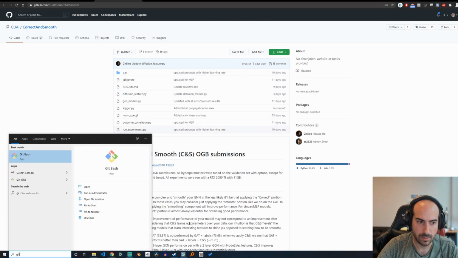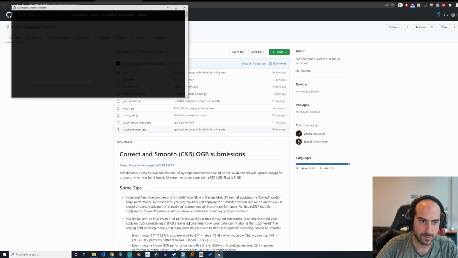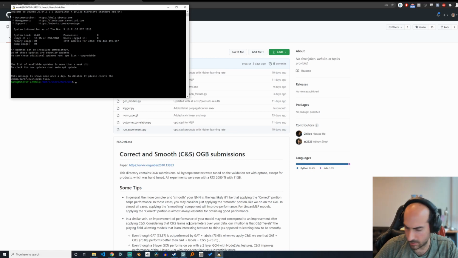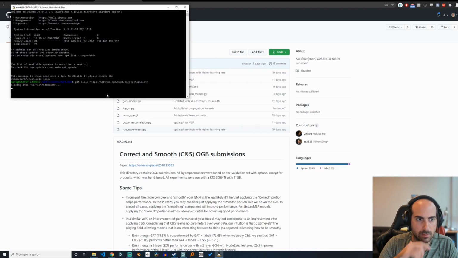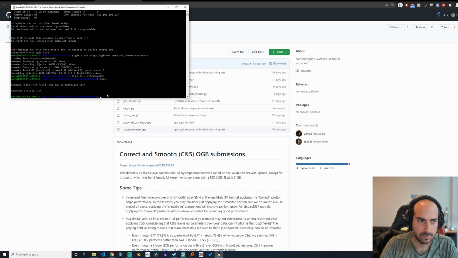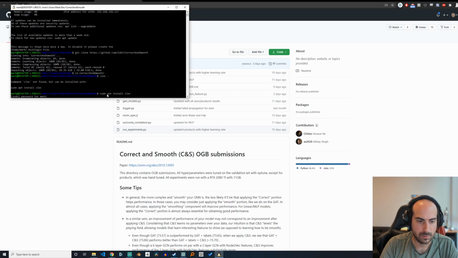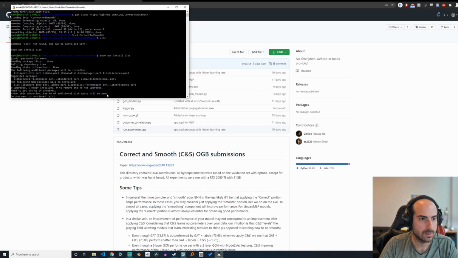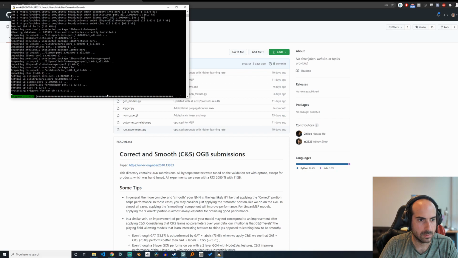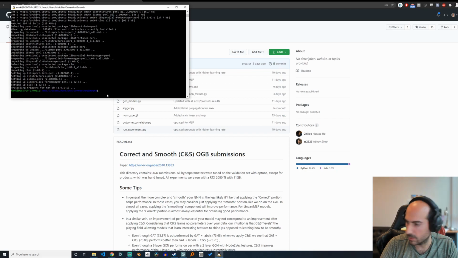All right, let's check this out. Just to get some sense of how complicated this code base really is. And just give this a minute.